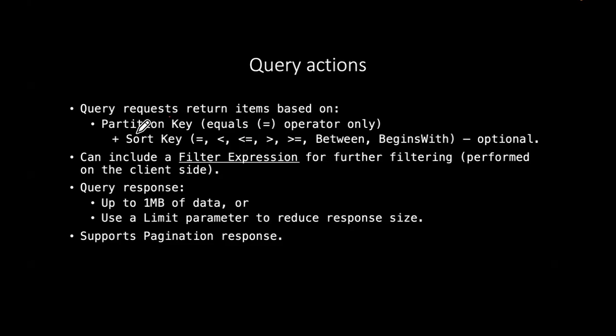You can also specify the sort key in a query. If you don't specify a sort key, then you are saying, I want all of the items that make up a collection for a particular partition key. E.g., I want all of the orders for customer number 12345.